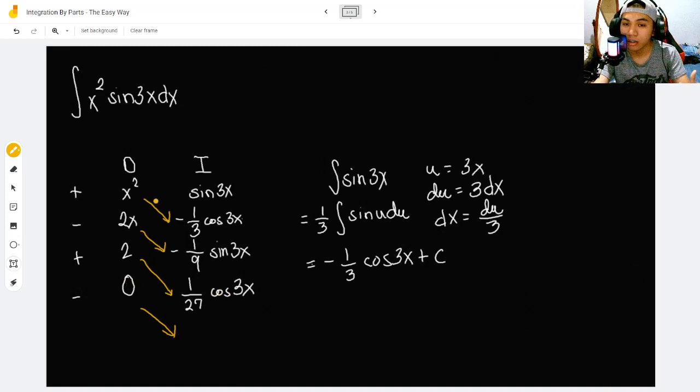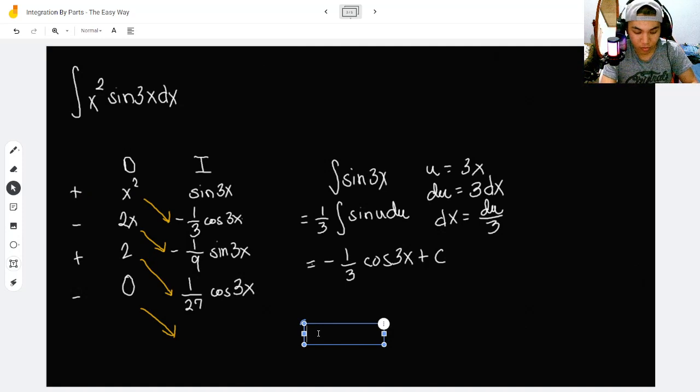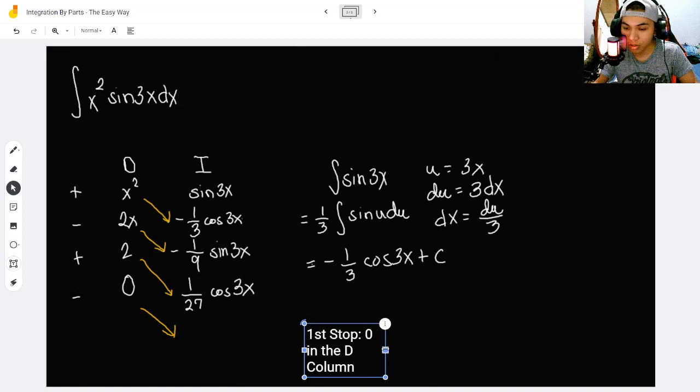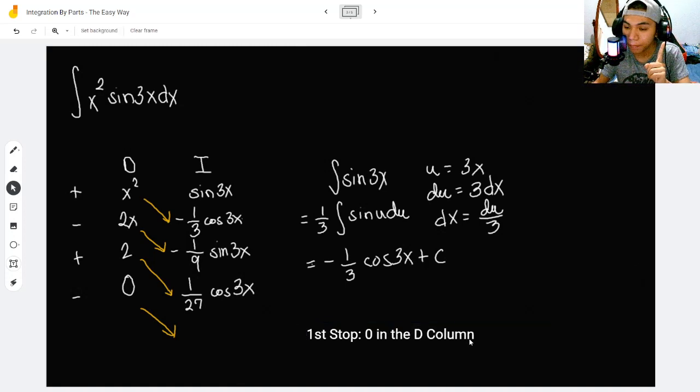There's nothing to be continued. All right, so this is where we reach our first stop. Our first stop is that we have 0 in the D column.